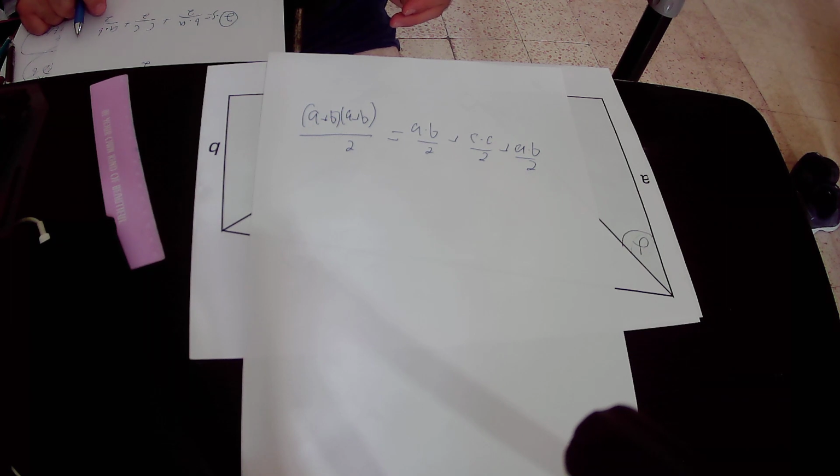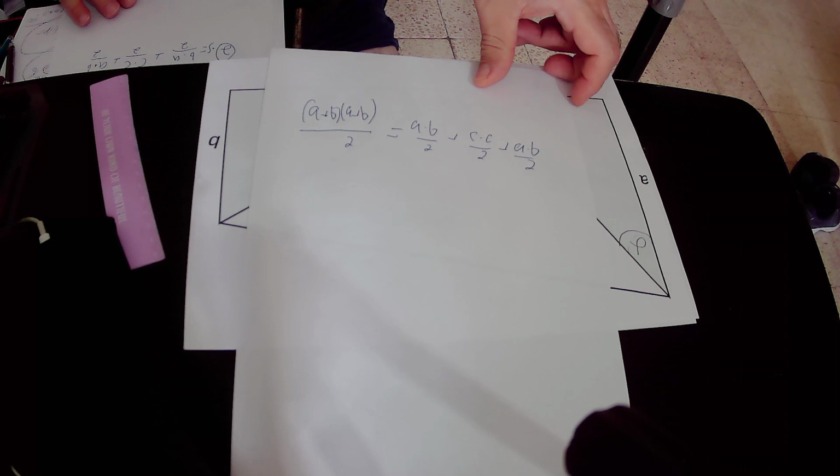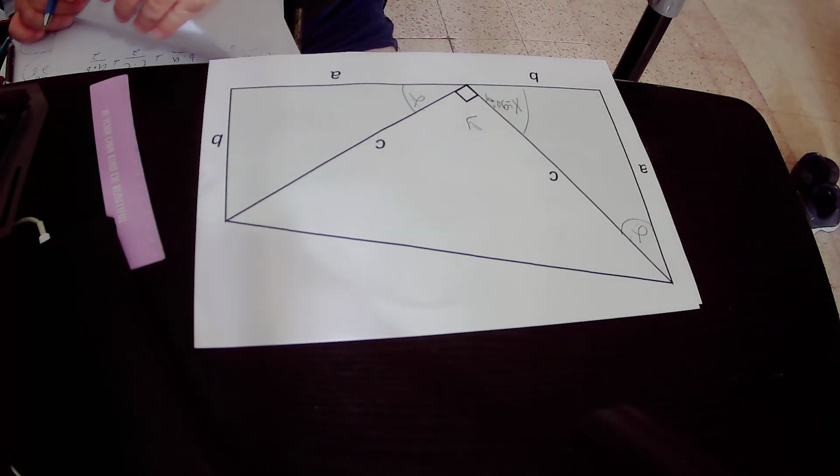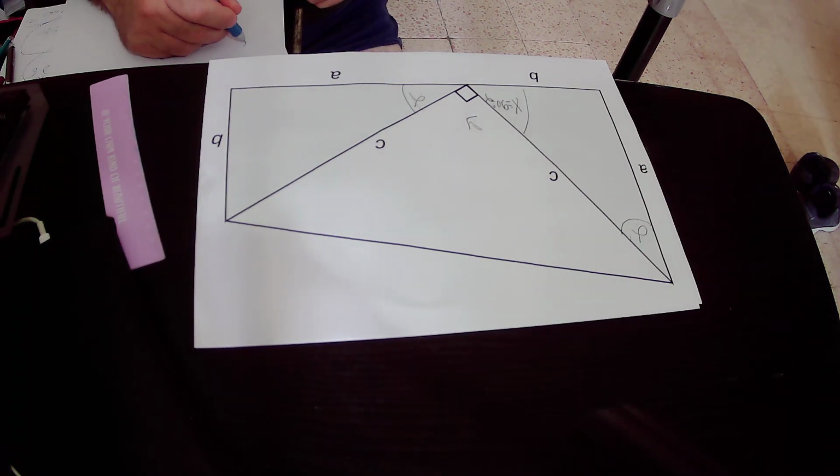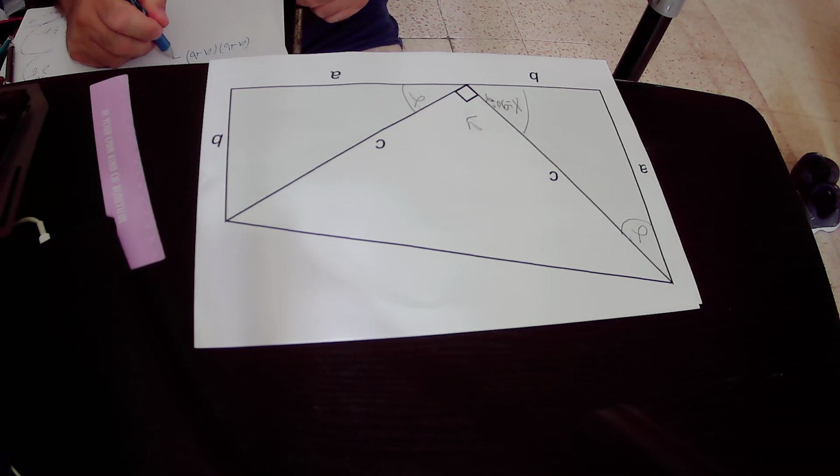Now we will multiply the two sides of the equation by 2, and then we will get that (a plus b) times (a plus b) equals a times b plus c squared plus ab.